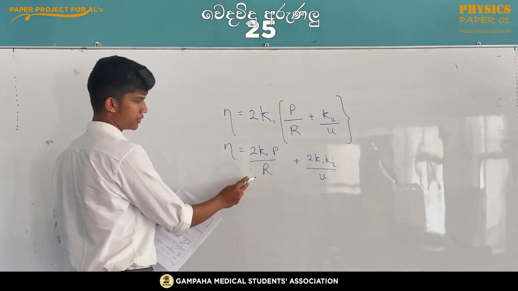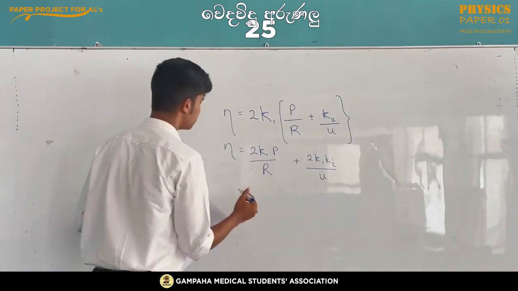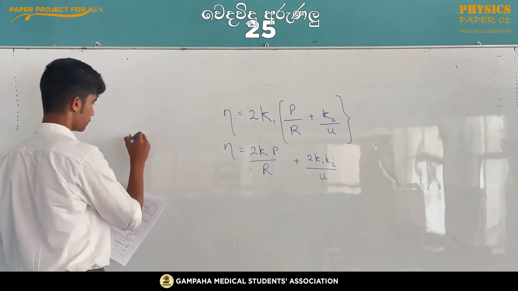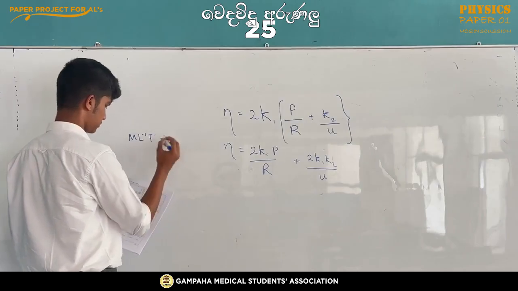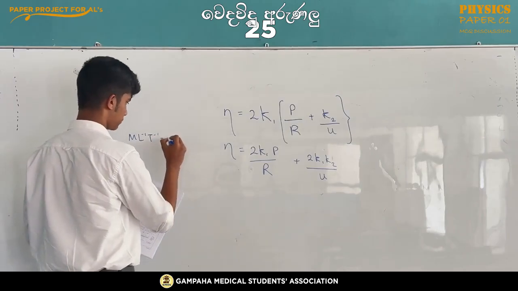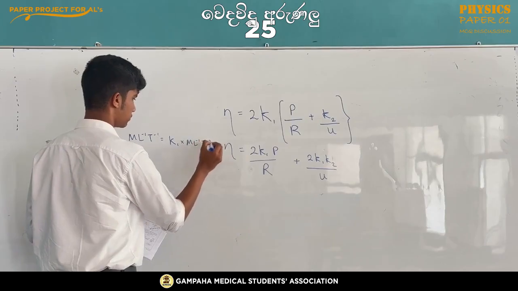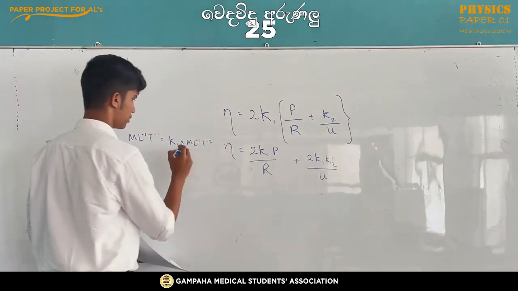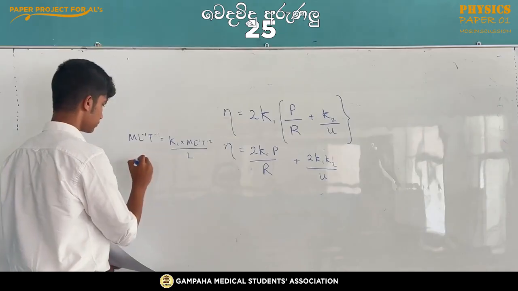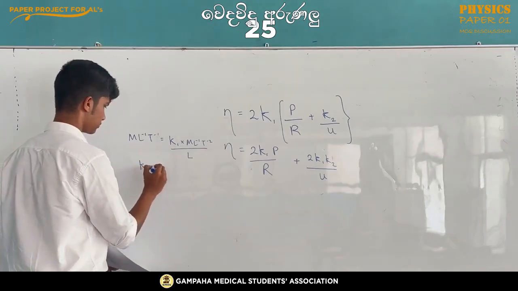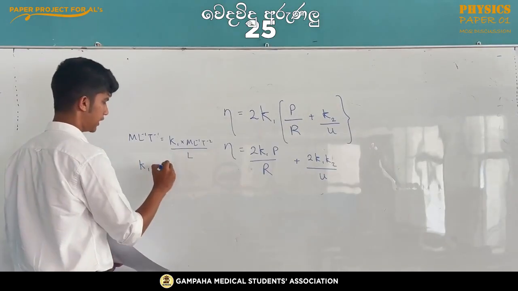Then using this expression and using the dimensions of coefficient of viscosity, you can find out k1. Once you simplify this, you can see that the dimensions of k1 is equal to LT.